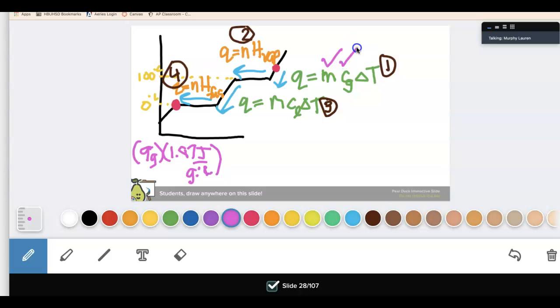Okay, so C. Now be careful with the delta T. Remember, the delta means final minus initial. The final temperature of this arrow, where does the arrow end? It ends at 100. Minus, where did the arrow start? Right here, which is 120. Okay, there's equation 1. So I'm going to toggle between screens.